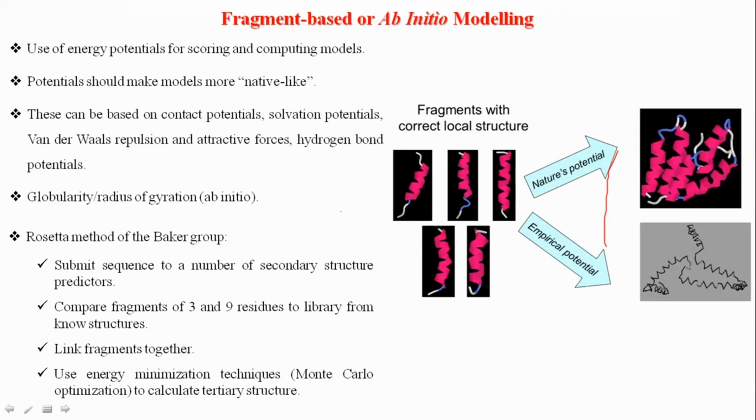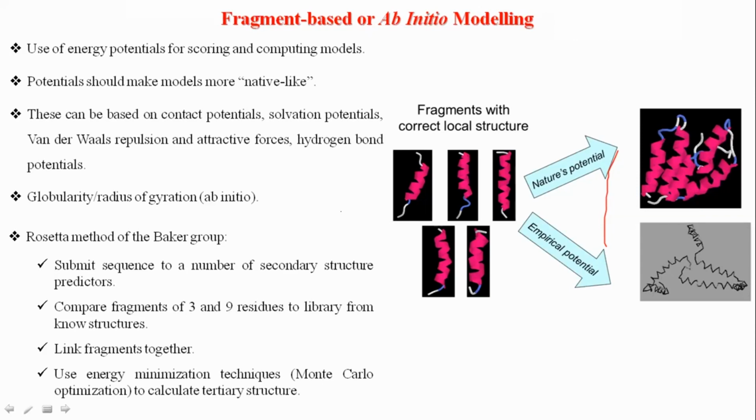For example, if you are giving 100 residues of amino acids for the ab initio method, these 100 residues will be broken into 10 residue or 6 residue polypeptides. If the length is 6, it will make about 100 fragments, 600 divided by 6. That many fragments are made.